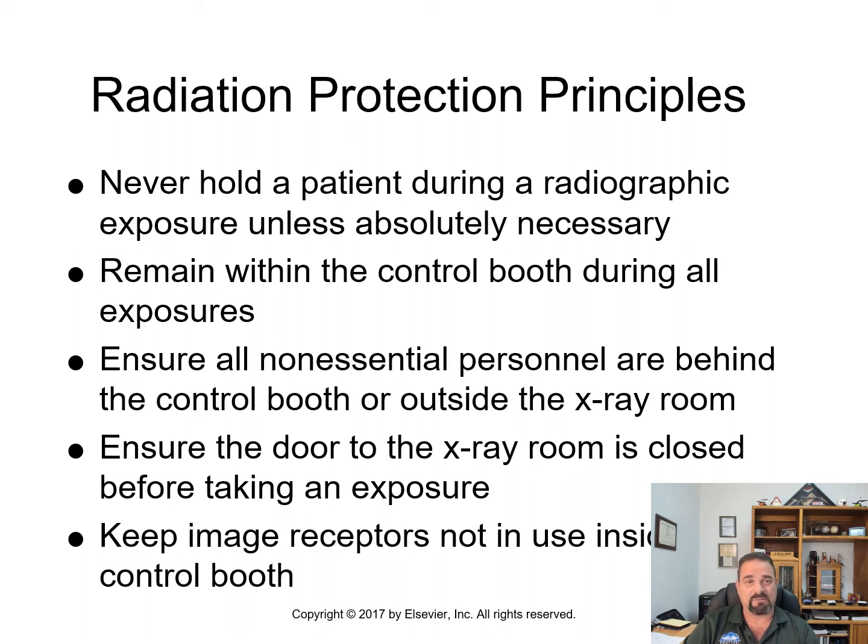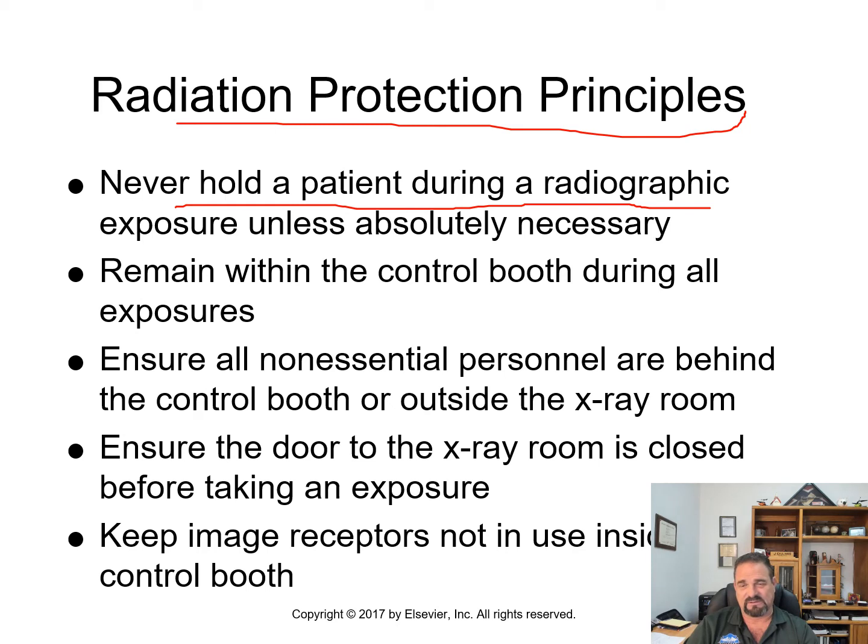All right, radiation protection principles, important stuff. Never hold a patient during a radiographic exposure. Remember, you're exposing yourself. If you have to, you must wear a lead shield gown or apron. I mean, you've got to wear something to protect yourself. We will talk much later in the actual course about how much radiation you can take in a lifetime.